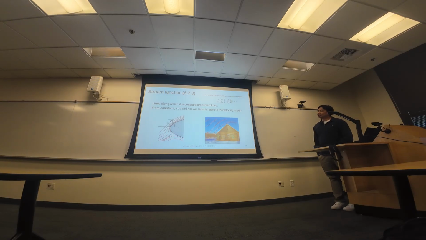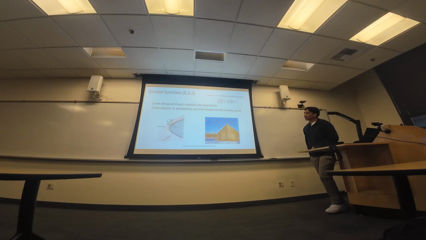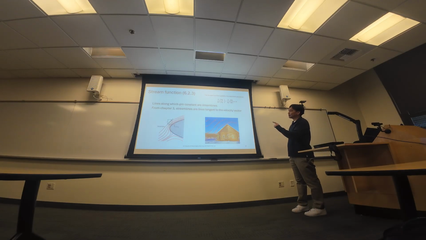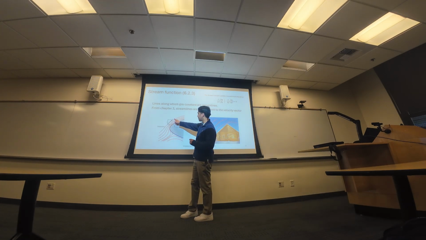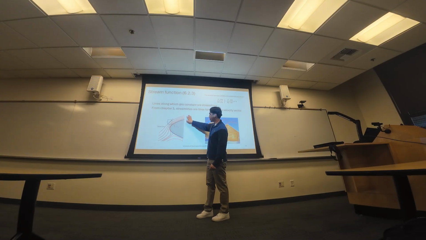Okay, so for the stream function, the lines along which psi is constant are streamlines. From chapter 3, streamlines are lines tangent to the velocity vector. So if this was your velocity vector here, your streamlines go whichever way they're going for a structure like this.